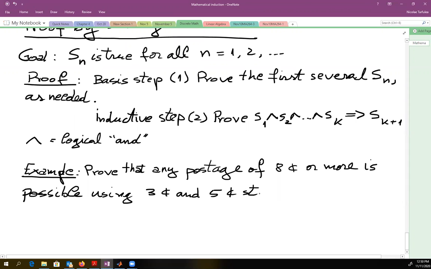Good luck with that nowadays. I mean, probably you can't find such cheap stamps. Okay, so how do we prove this?